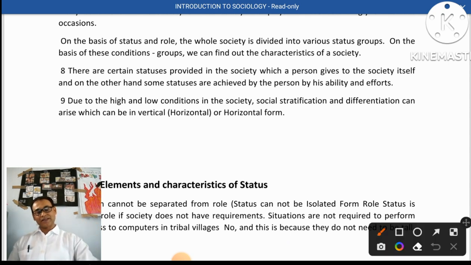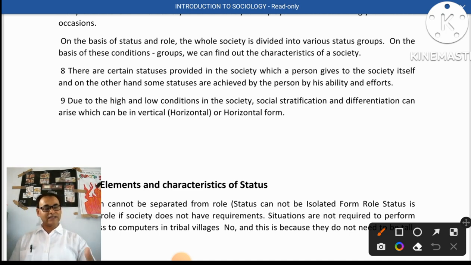That means there are some achieved statuses that a person has achieved with his ability, and there are some statuses which are ascribed, given by birth and by sex. If someone is male, there is no ability involved in becoming male, it is by birth.